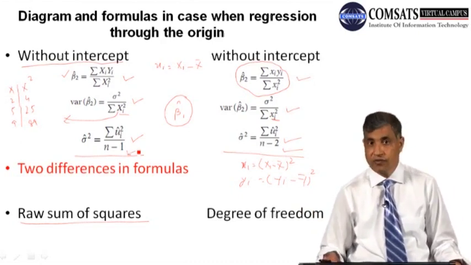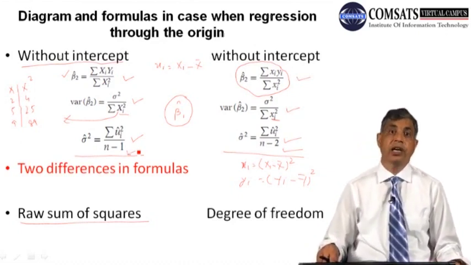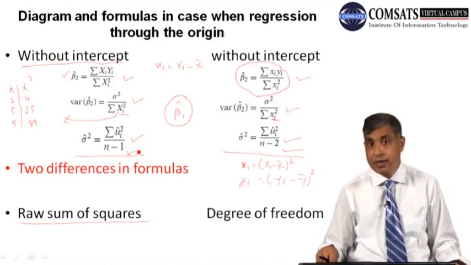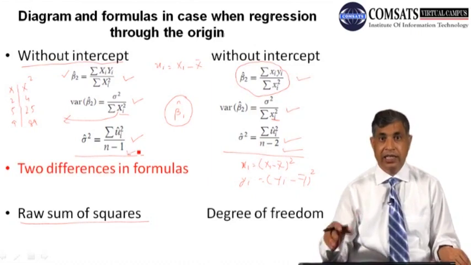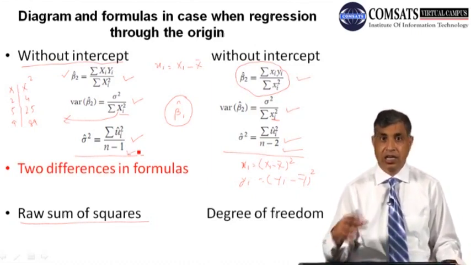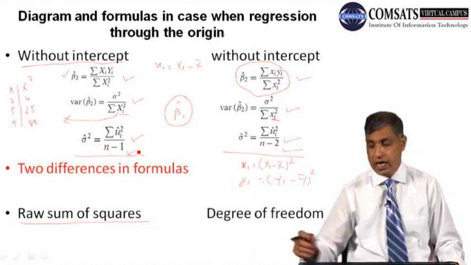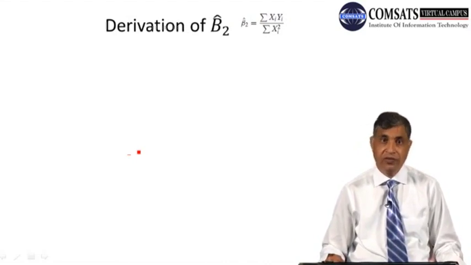And the second is the degree of freedom. Very simple: the degree of freedom in case of the non-intercept or interceptless bivariate regression model is n-1, and in the other case, the traditional or classical case, it is n-2. Now I would like to derive the formula.